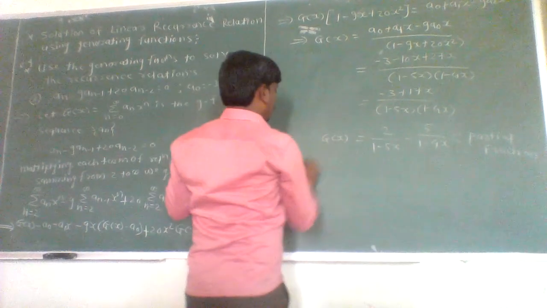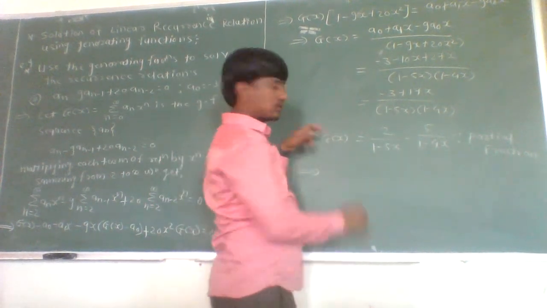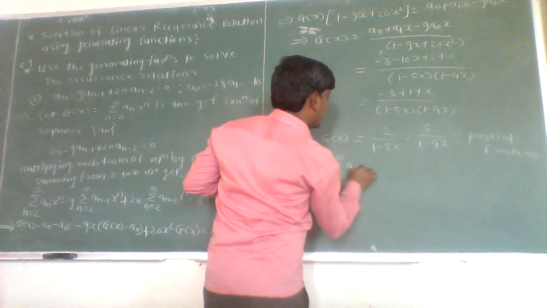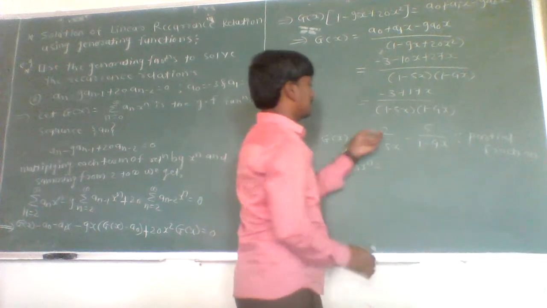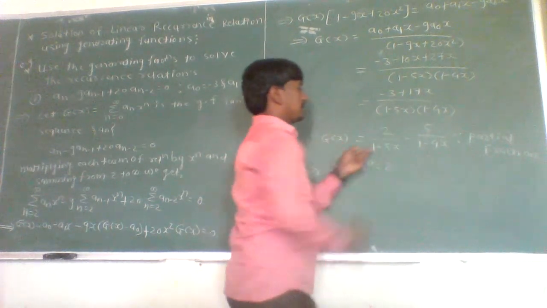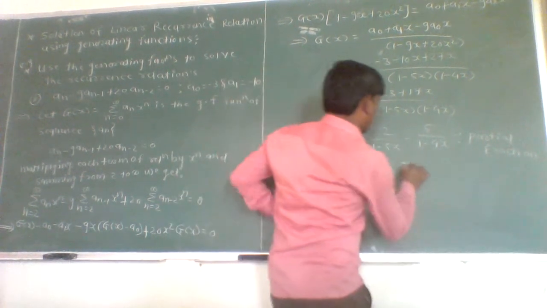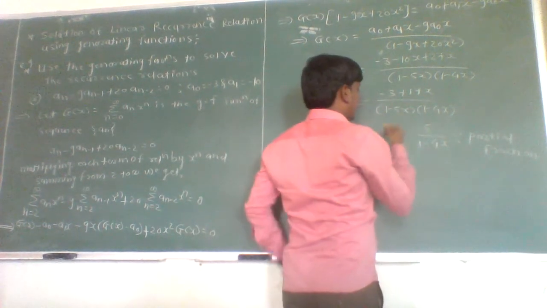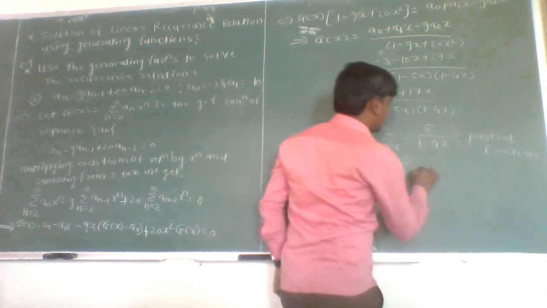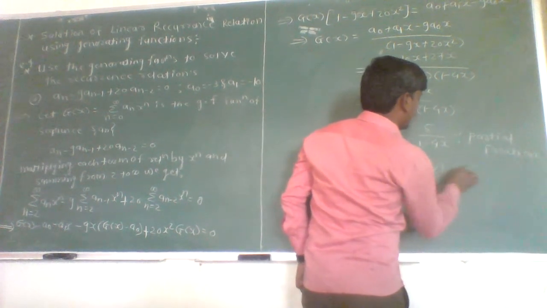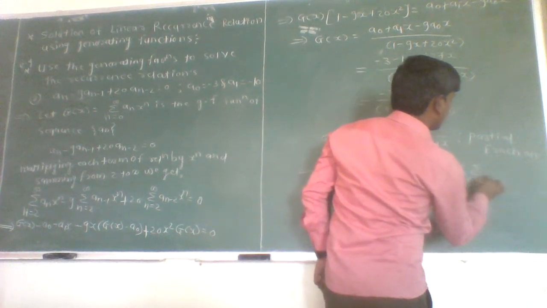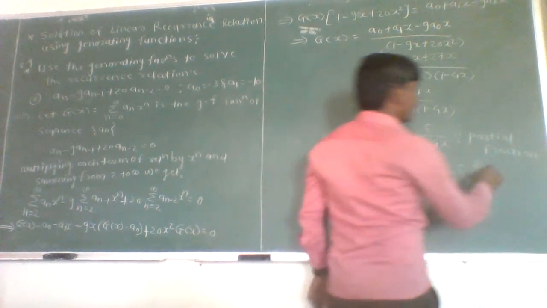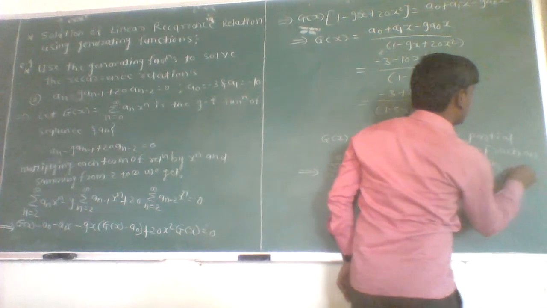Okay, so now g of x is the summation n running from 0 to infinity a n x to the power n, which is nothing but 2 into 1 upon 1 minus 5x, that is summation n running from 0 to infinity a to the power n x raised to n. Here a is 5, so it is 5 to the power n x to the power n, minus of 5 into summation n running from 0 to infinity of 1 upon 1 minus 4x, which is 4 to the power n x raised to n.